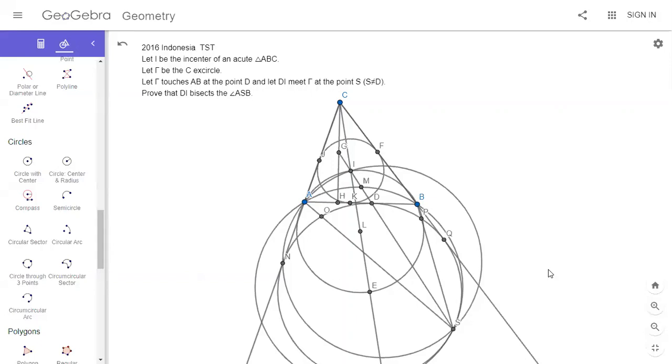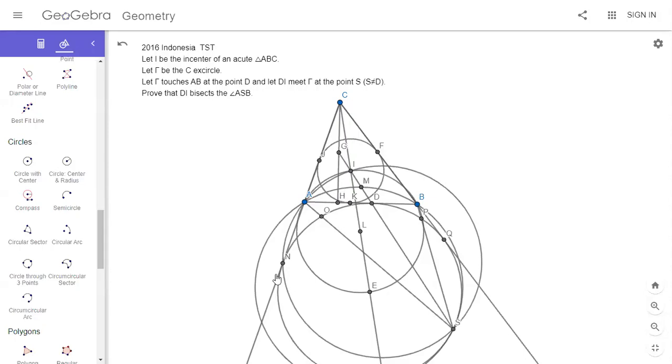Yeah, there are so many circles, it's confusing. But I think I have an idea. I think I can do it using an angle chase, proving that NAIS is cyclic, because if we can show angle IAC is equal to angle NSI, that would solve it.